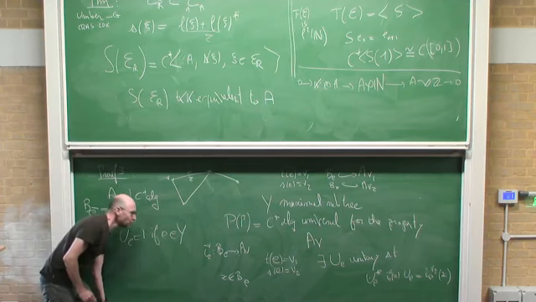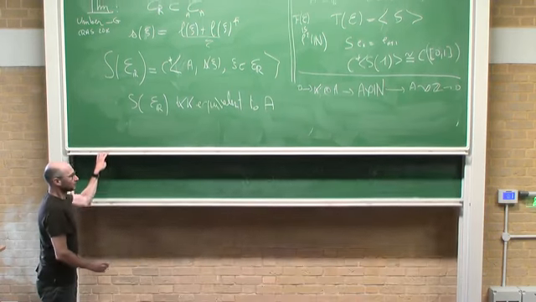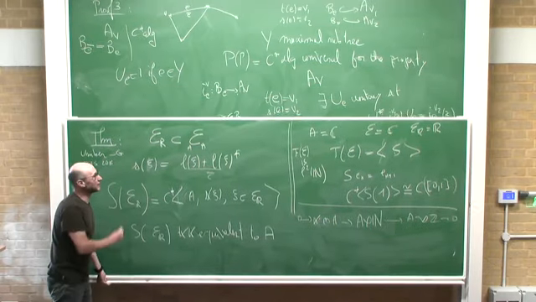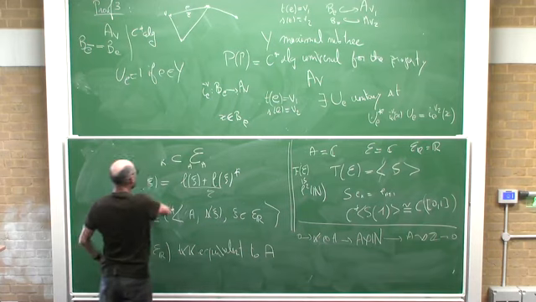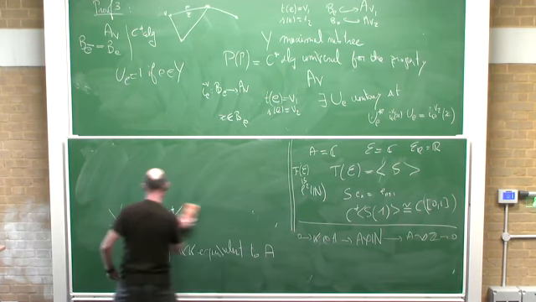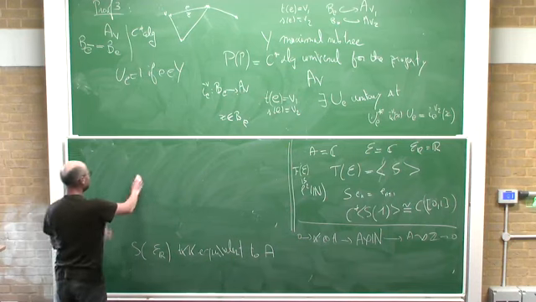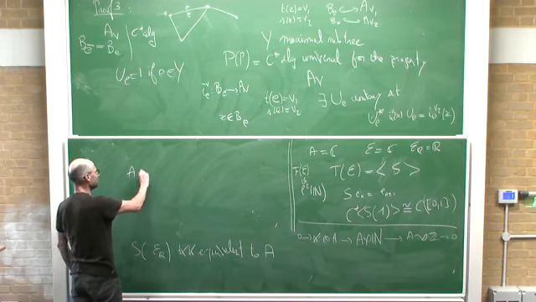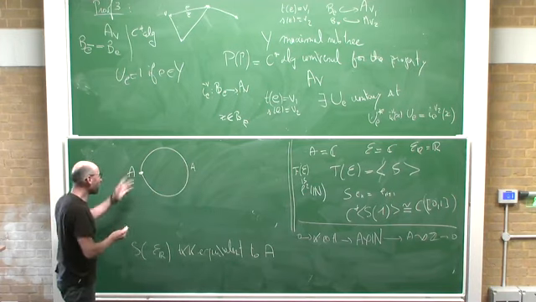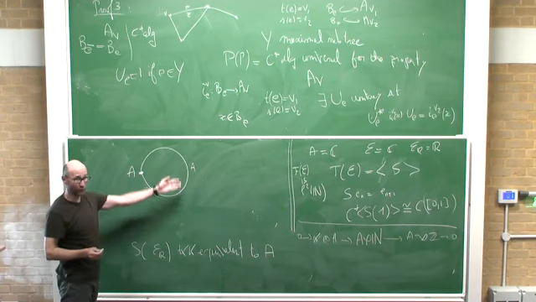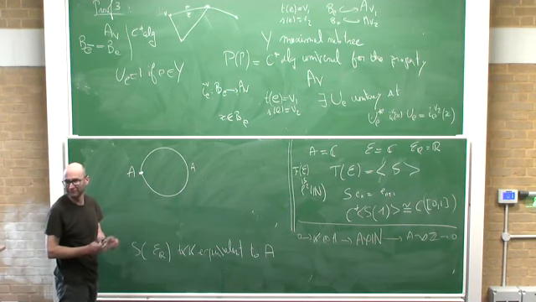Okay, I will show you two very easy graphs so that what I'm saying makes sense. The first is this one. Okay, I have one vertex, one edge. Why not?